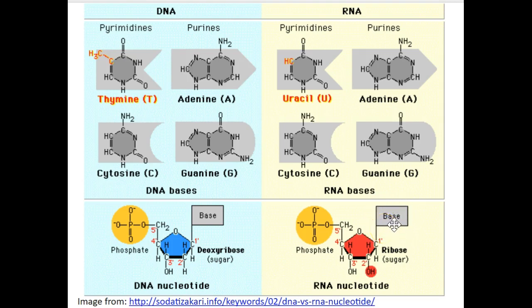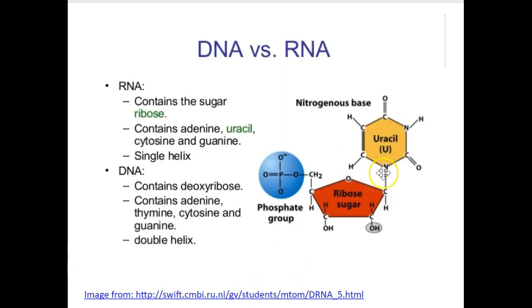Adenine, guanine, and cytosine for RNA are exactly as found in DNA. However, uracil replaces thymine. So we say in RNA there are no T's, there are U's instead. So here's an RNA nucleotide that has the nitrogenous base uracil. This is called uracil.